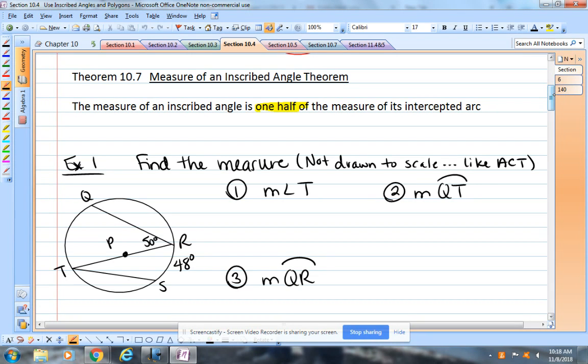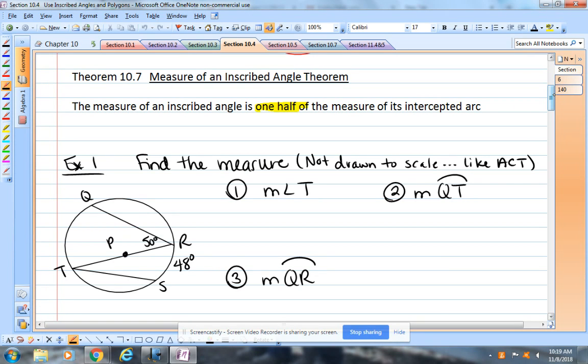So, they first want us to find the measure of angle T. Now that's an inscribed angle right here. Now what did that theorem that we just said? Do we know the intercepted arc that angle T intercepts? That's the minor arc RS, right? So here's angle T. It's intercepted by the arc RS, or it intercepts the arc.